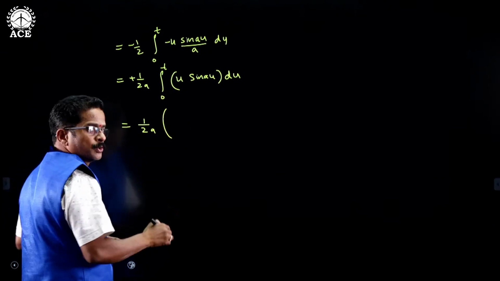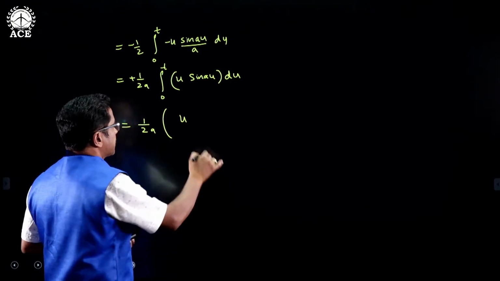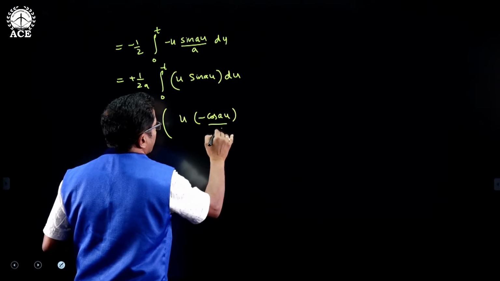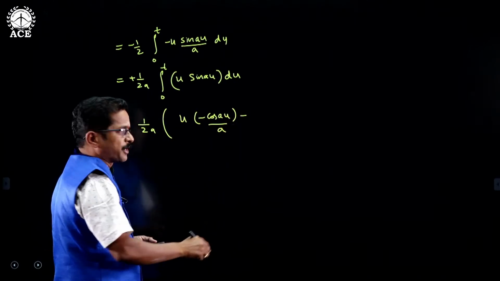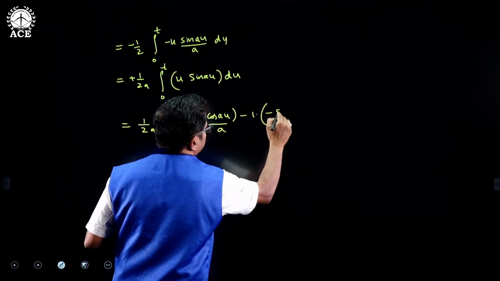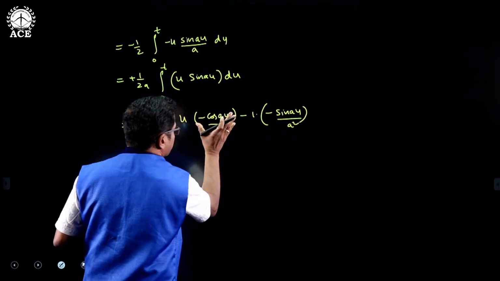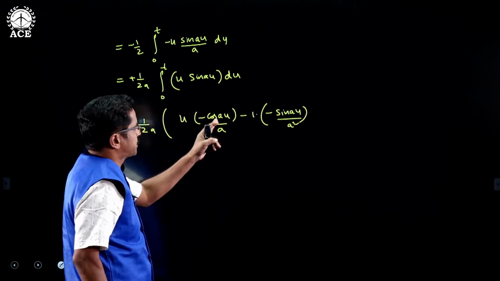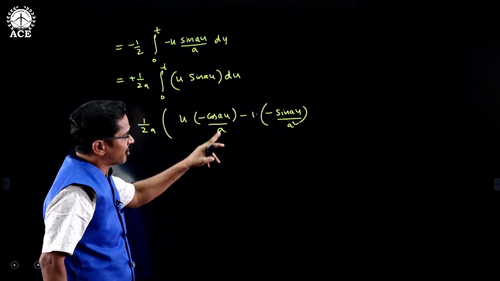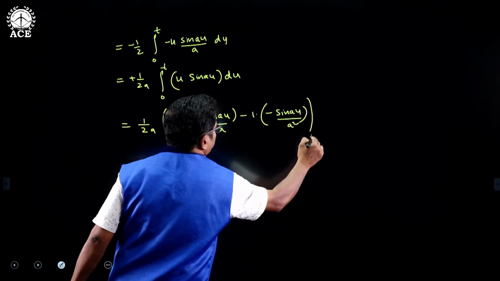So u into integration of sine, which is minus cos au by a, minus u differentiation 1 into minus cos au integration, which is minus sin au by a square, over the limits 0 to t.